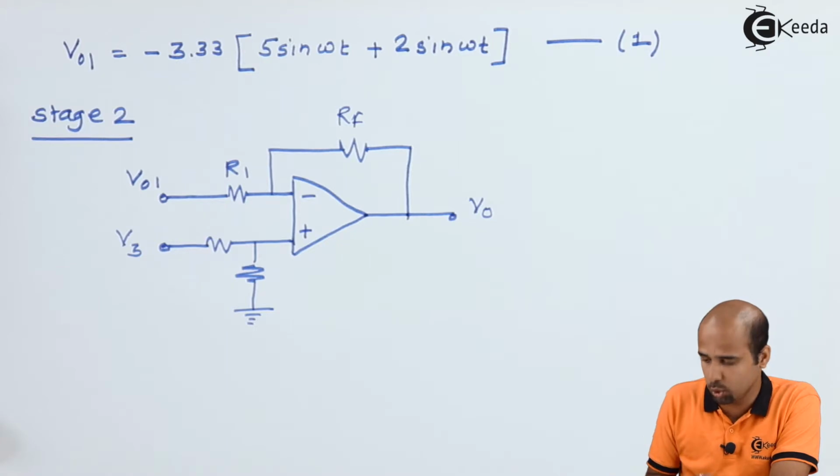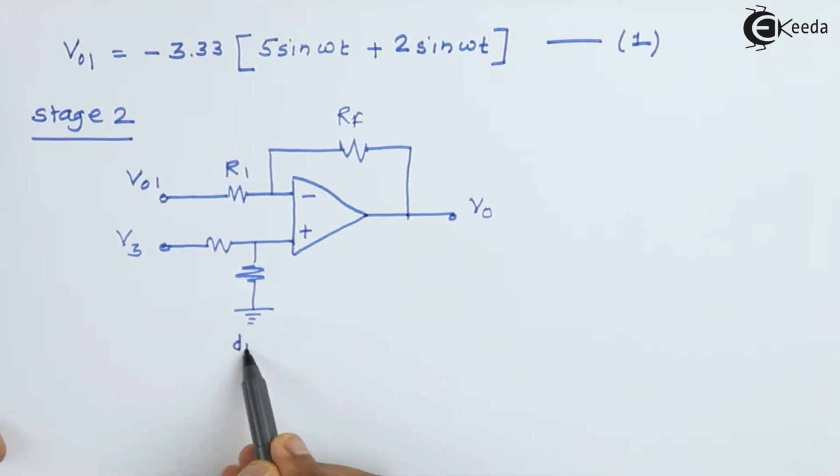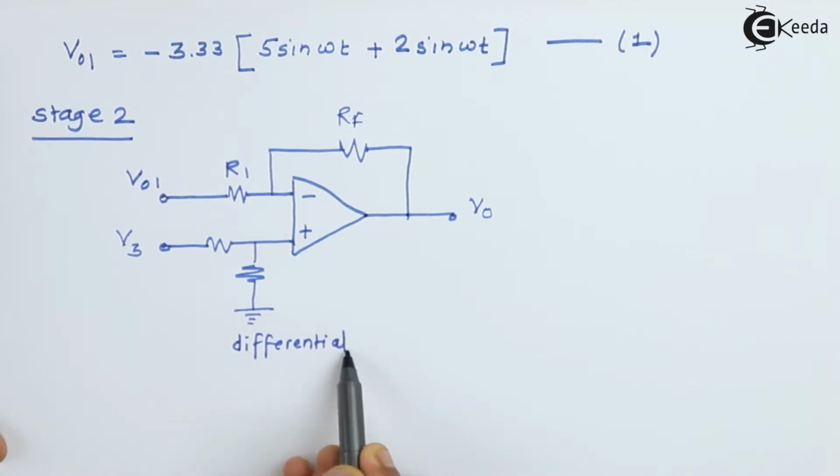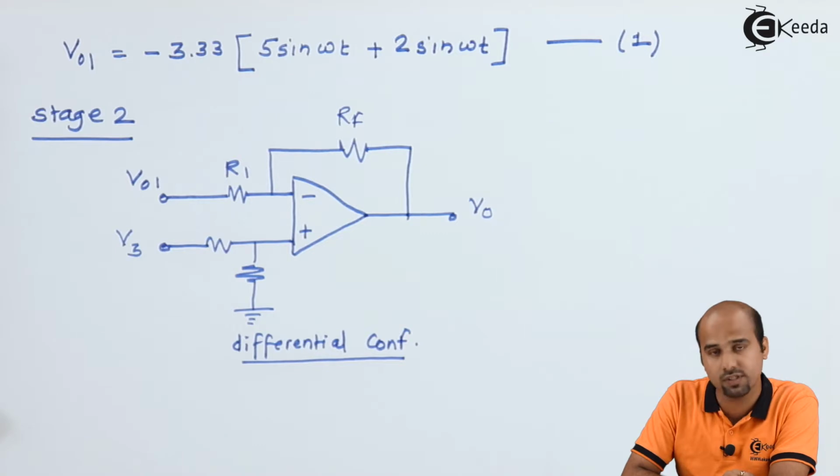Now this stage number 2 is of differential configuration. This differential configuration gives the value of output voltage in the form of V3 minus VO1.